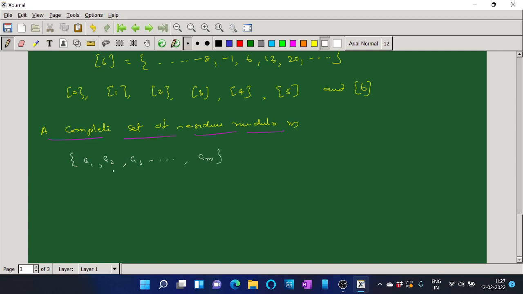am. A set of m integers is said to be a complete set of residues modulo m if these integers ai are actually congruent to one of the residues 0, 1, 2, etc., m minus 1. Say I am writing some j modulo m, where j belongs to 0, 1, 2, etc., m minus 1.